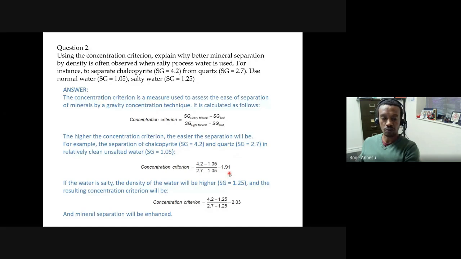One gives you 1.9, the other one gives you 2.03. So you could say that higher concentration criteria shows better possibilities for gravity separation. In this case, salty water should give you a better separation performance, just based on what's shown by the concentration criteria.